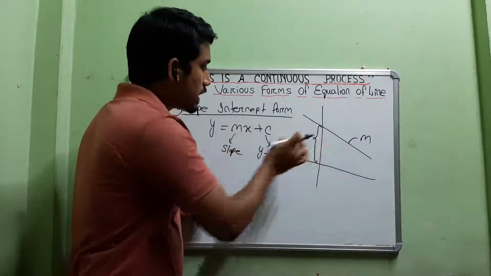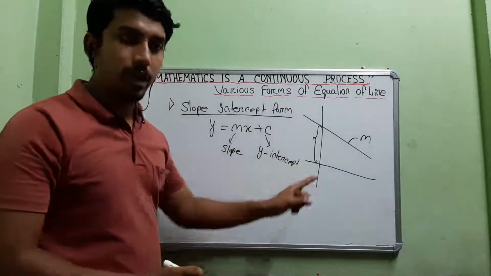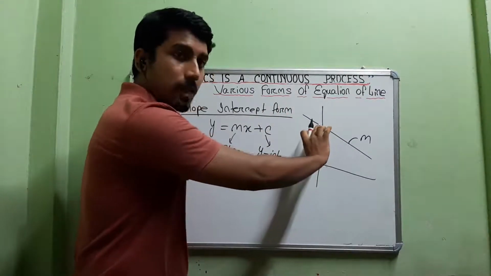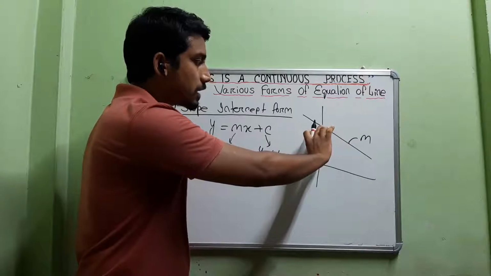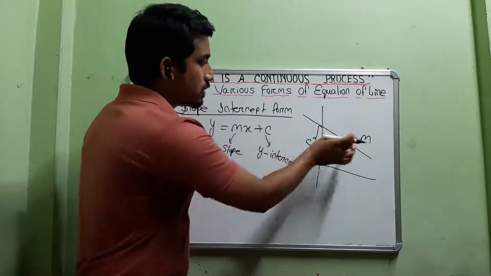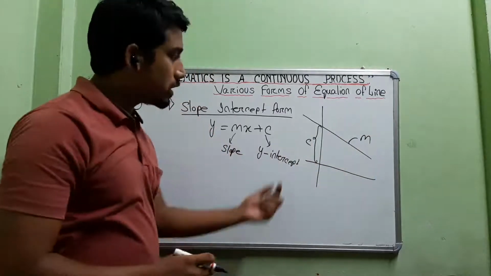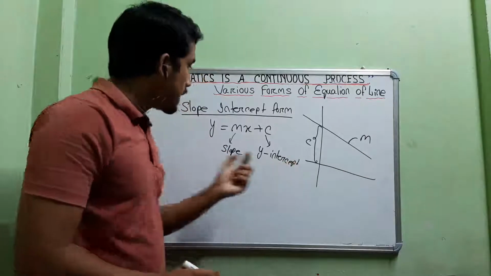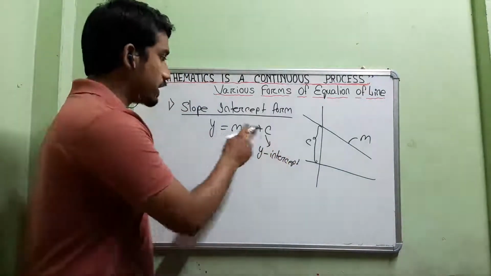That portion is called the y-intercept for that straight line. It is cutting up some length from the y-axis. That length is the y-intercept, that is c, and the slope of the line is m. So if you have these two pieces of information, the y-intercept and the slope, then we can find the equation of the line by putting them here.